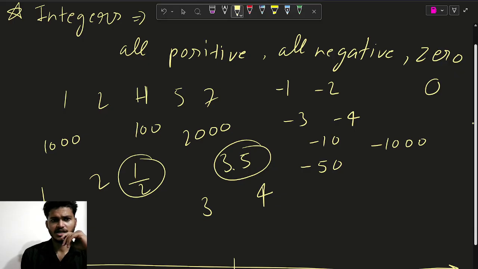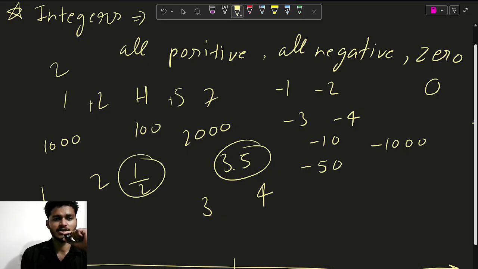I have not mentioned any sign with positive integers. So even if a number is written as it is, it is understood that that number is positive, like +2, +5. If 2 is written over there, then it is understood that it is a positive integer.